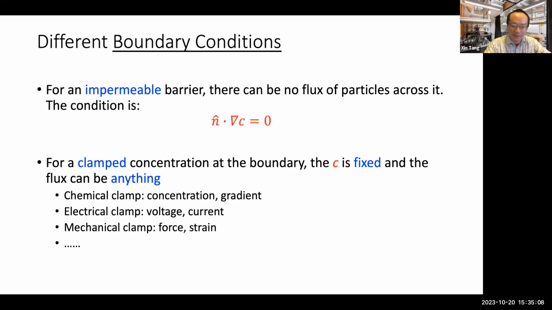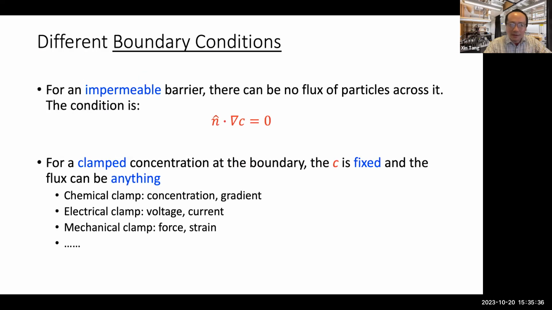Like if I have a certain pattern there, the cell will fill up that pattern. So the strain of the cell will be constant. So the deformation is constant. That is the mechanical clamp. All those clamps define the boundary conditions of the diffusion problems, and that can influence the flux and the dynamics.